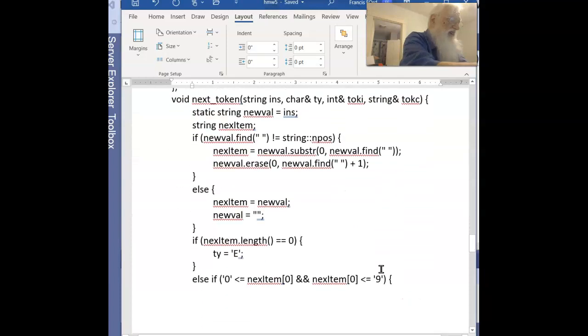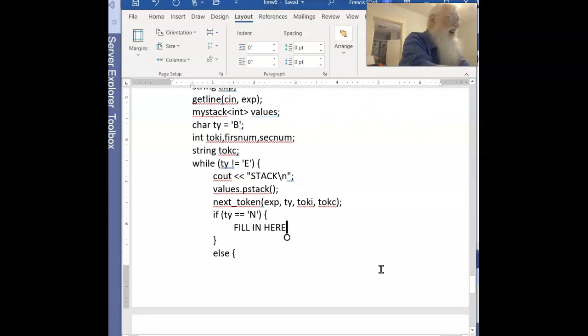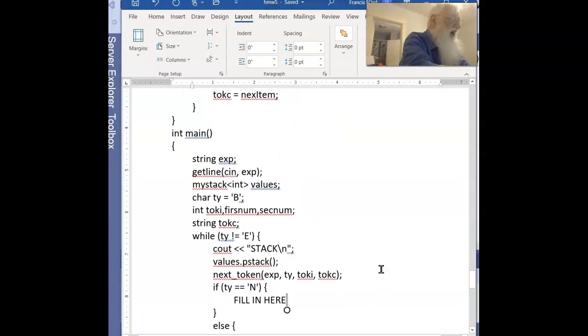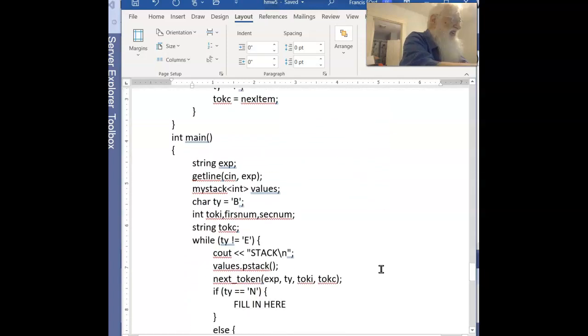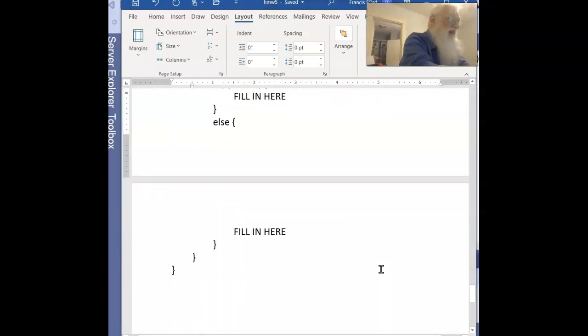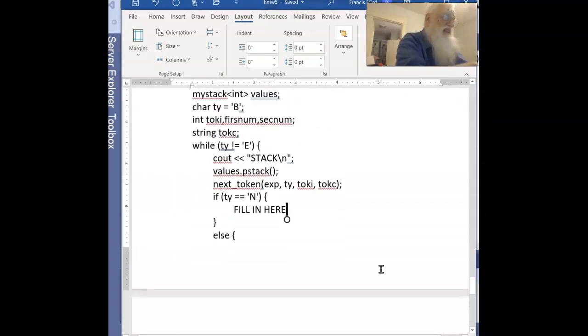Way down here at the end of the main line, you'll see, well, I guess I may have left that for you to fill in. I guess I did. You have to fill in the element to print the stack. No, I bet I didn't. No, I did. But that's easy enough to do.